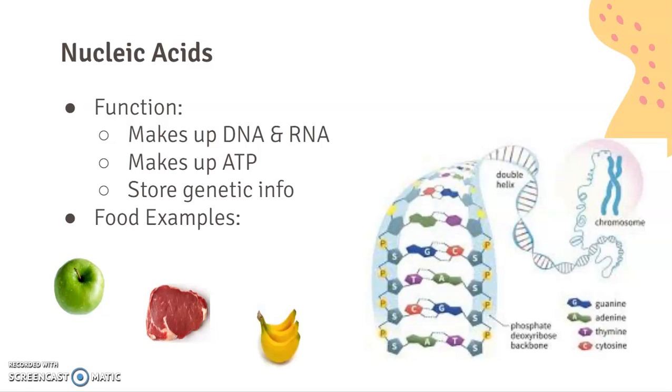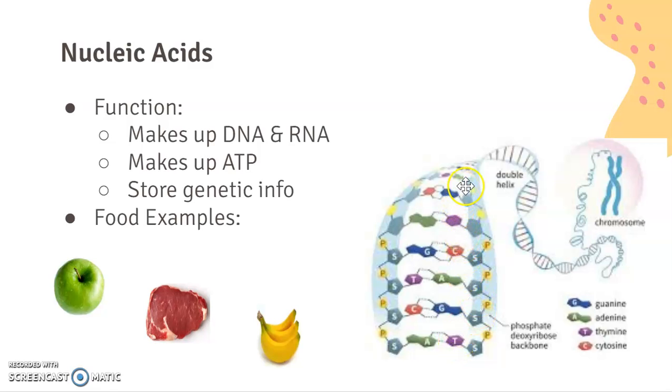When thinking about the function, like I said, it makes up DNA and RNA. If you're like, oh, I know what that is, awesome. If you don't, that's okay. We're going to talk about this way more in depth whenever we get to genetics. But this is a chromosome, and if we were to unwind the chromosome and zoom in as much as we could, right here it is showing us nucleotides attached to other nucleotides. Here you see our house with our balloon, and this would be our flagpole.